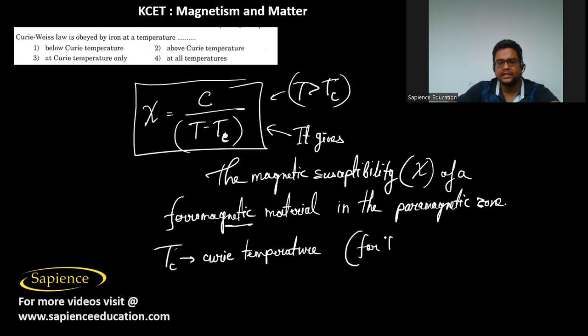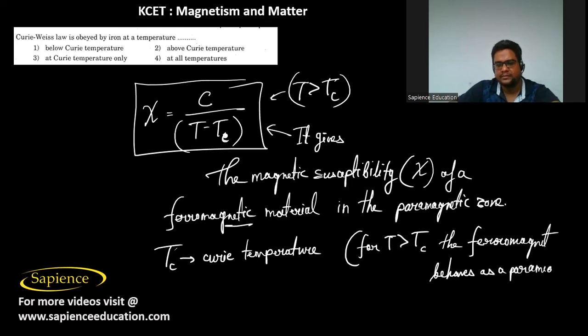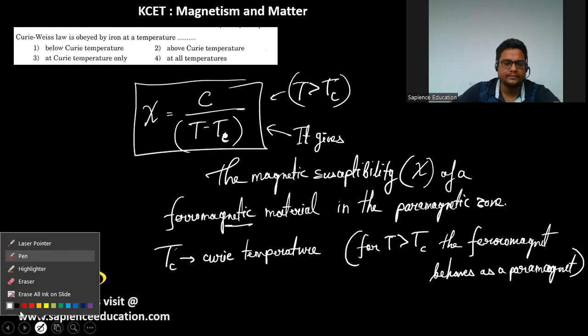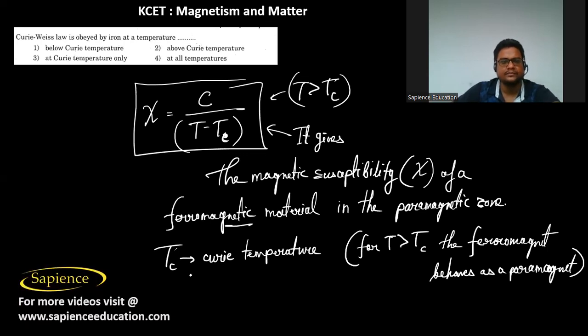For a temperature greater than the Curie temperature, the ferromagnetic substance behaves as a paramagnet. Therefore, this is called the Curie-Weiss law. It is applicable above the Curie temperature. So option 2 is the correct answer.